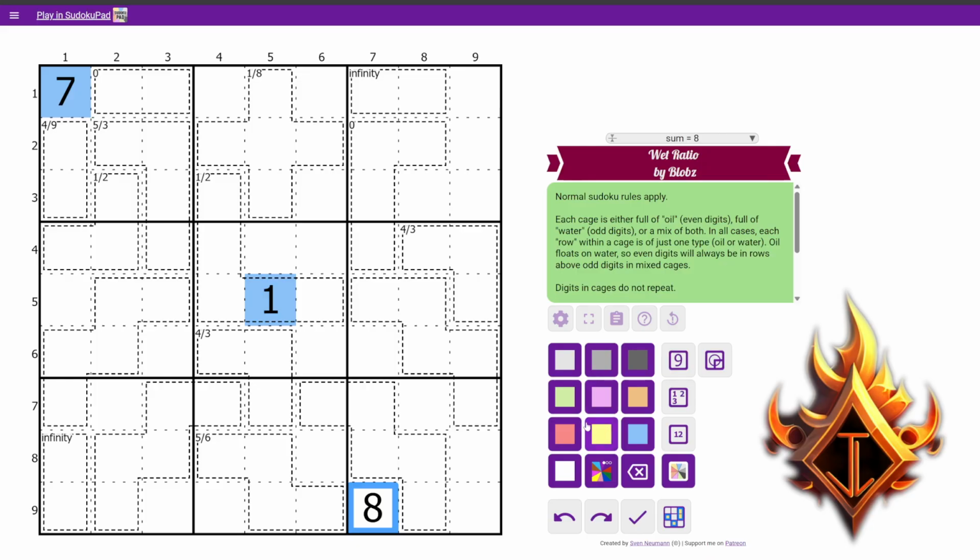We'll have an olive oil green for even. But in the row, each row within a cage is one type. So those are also odd digits.